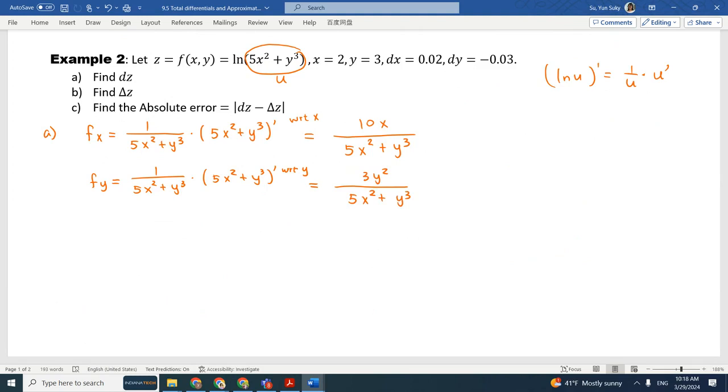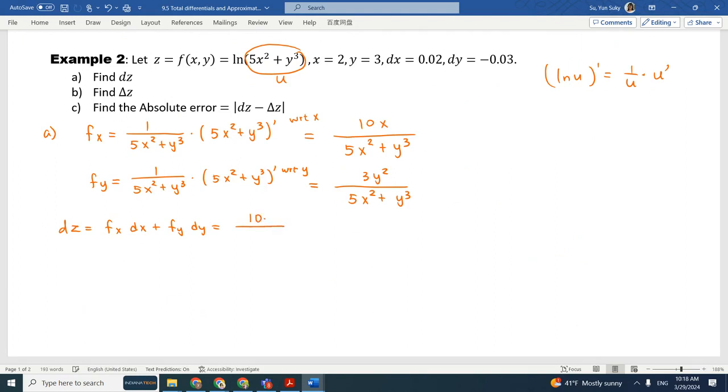So dz, by the way, here, because we have x, y and dx, dy, dz is not a function anymore, it's a number. They want you to plug in all the numbers and find dz as a number. So dz, we know fx dx plus fy dy, but let's also plug in the numbers for fx.